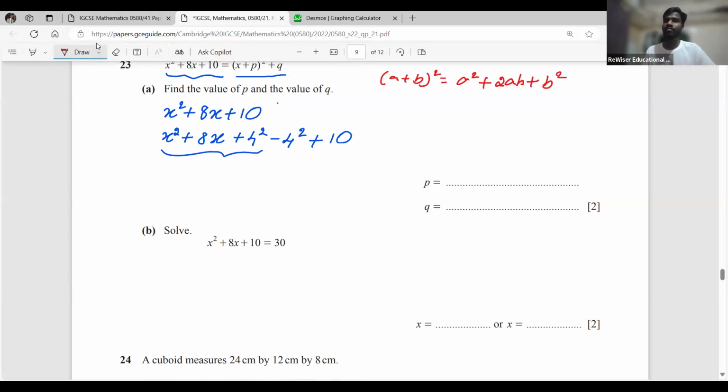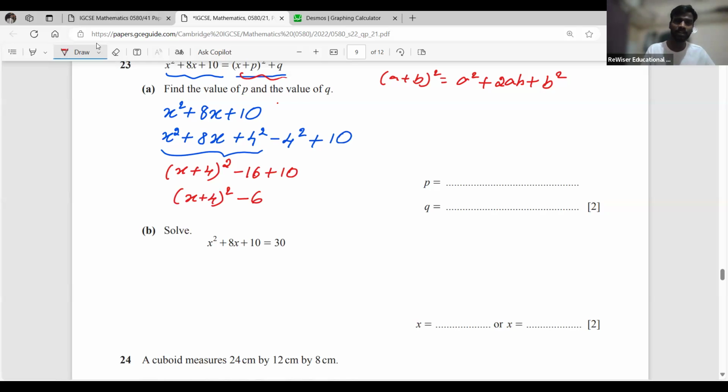And here, because we have all these things plus, it has to be a plus b whole squared. In place of a, we have x, and in place of b, we have 4. So it's going to be x plus 4 whole squared. Then minus 4 squared is minus 16 plus 10. And this is going to give us x plus 4 whole squared minus 6.